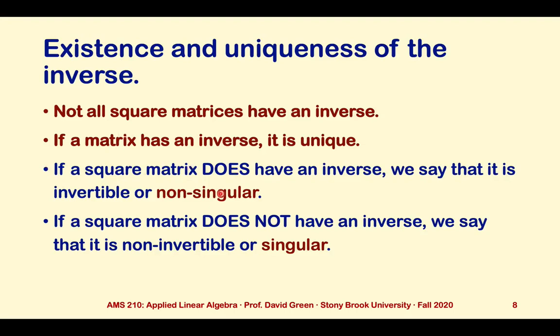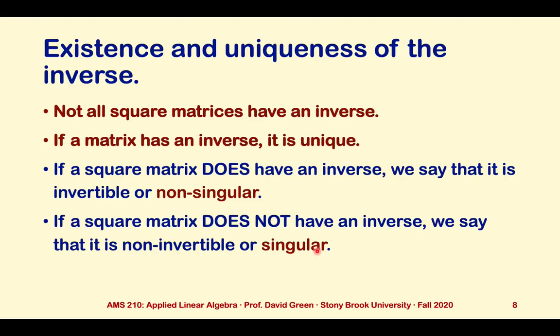A couple points on language. If a square matrix does have an inverse, we sometimes say that it is invertible. We can invert it. We can find the inverse. Or we say that it is non-singular. Non-singular is the more common, more proper term. If a square matrix does not have an inverse, we say that it is non-invertible, or we say that it is singular.